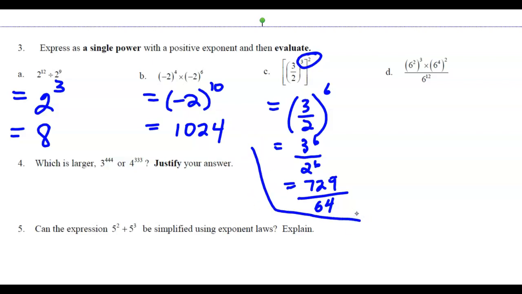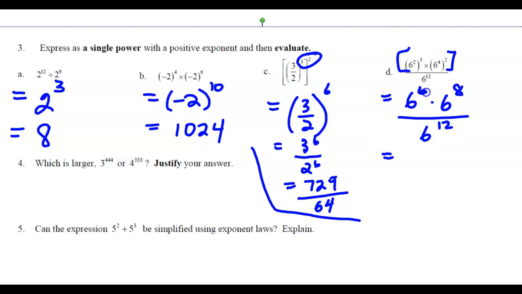Okay, a few things to do in D. So remember order of operations: you've got to do the powers first, deal with the exponents, then multiplication, numerator first, then multiplication and division. Here, showing my work, that would be 6 to the exponent 6 times 6 to the exponent 8 over 6 to the 12.